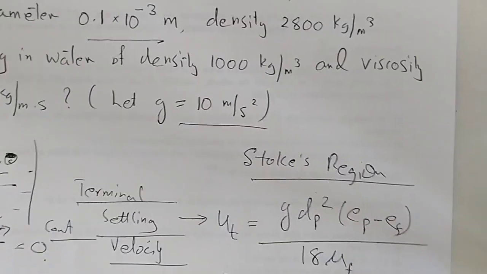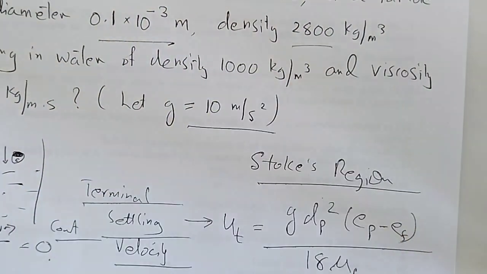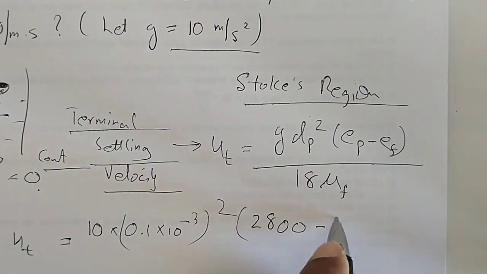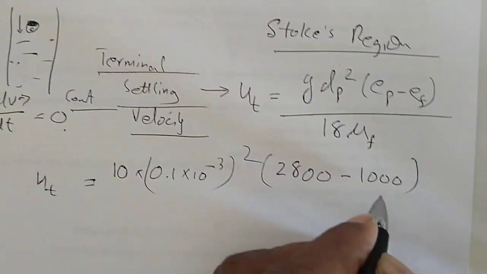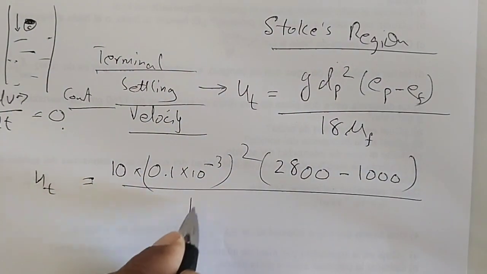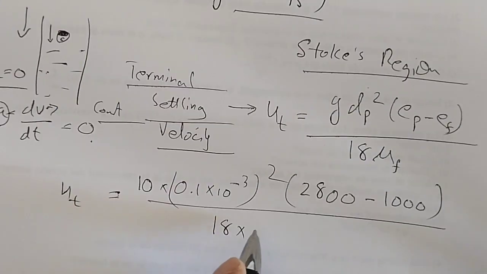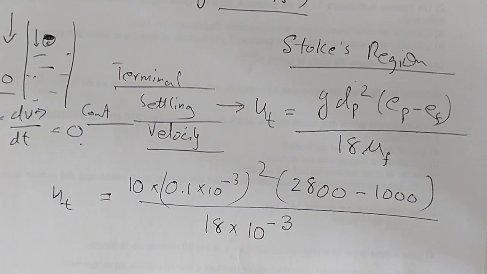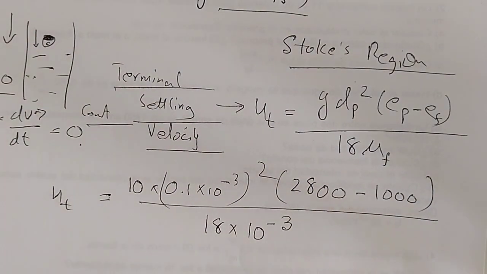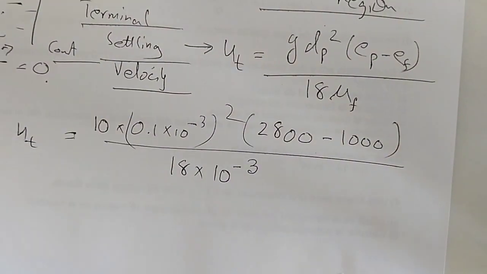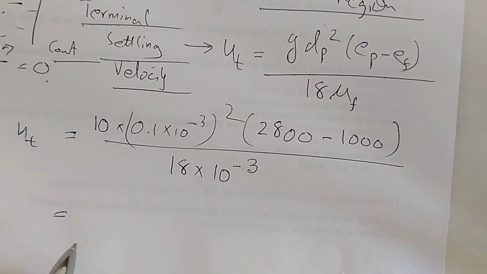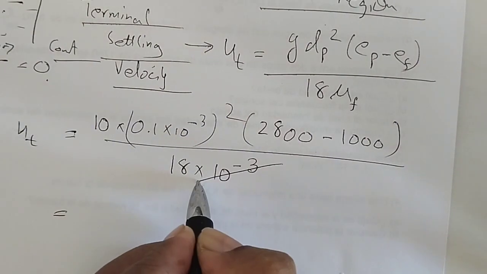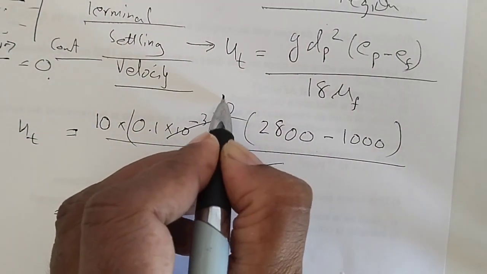Density of the particle is 2800. So write down 2800 minus density of water, which is 1000, divided by 18 into viscosity of water, which is 1 centipoise, but to maintain unit consistency we have to write 10 raised to minus 3. Let us solve this. You can use a calculator, but without a calculator also you can solve it. 10 raised to minus 3 in the numerator and the denominator will be cancelled.